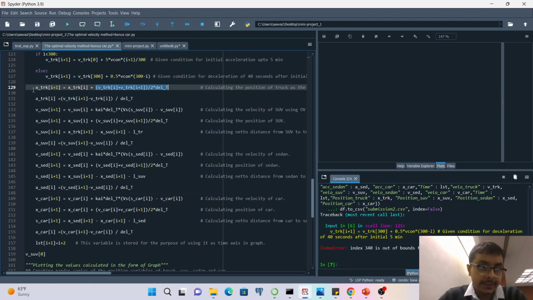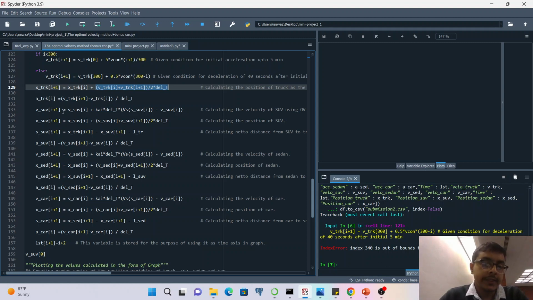That's how we get the position of the truck for successive times. And for the acceleration, we take the latest velocity minus the previous velocity divided by the change in time.